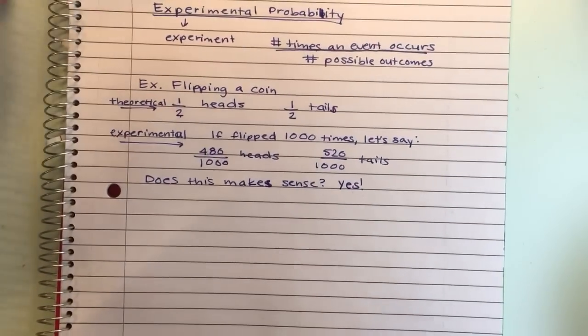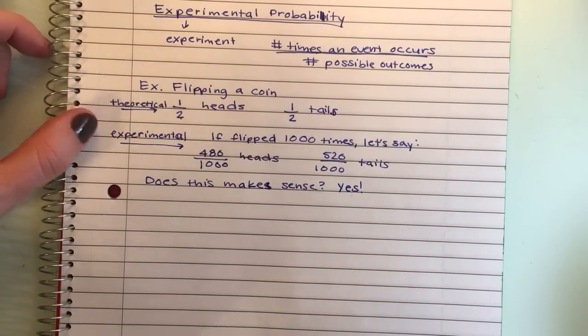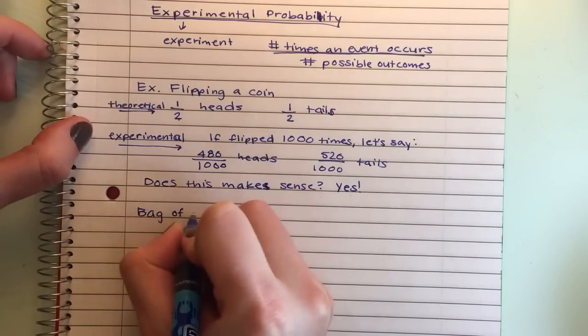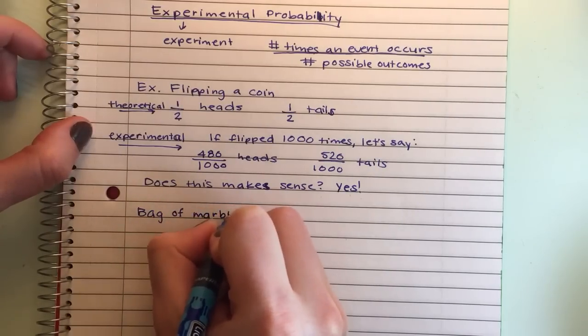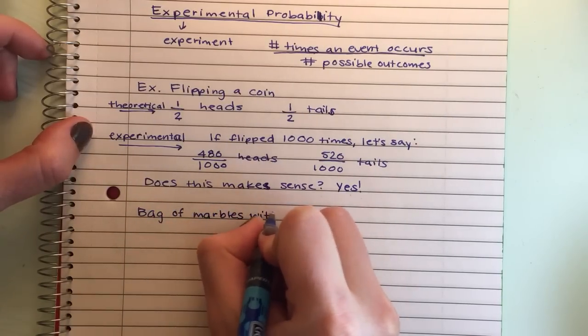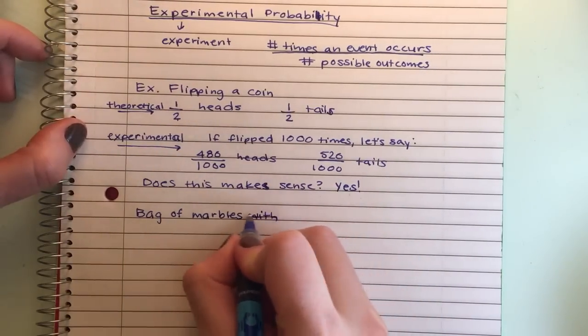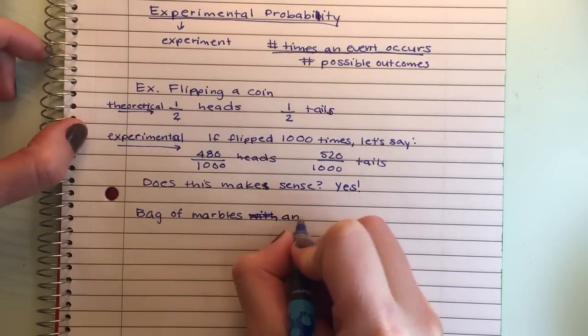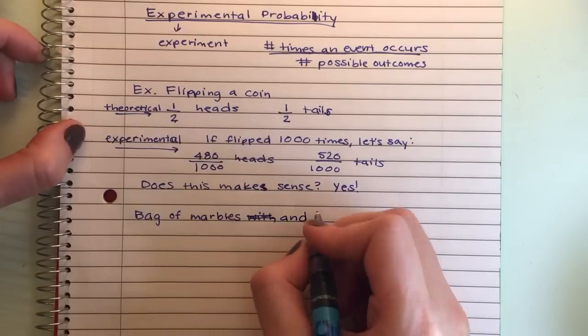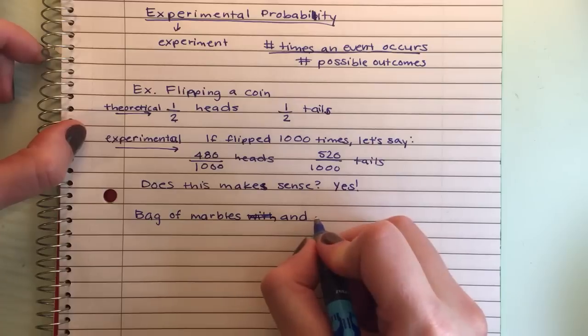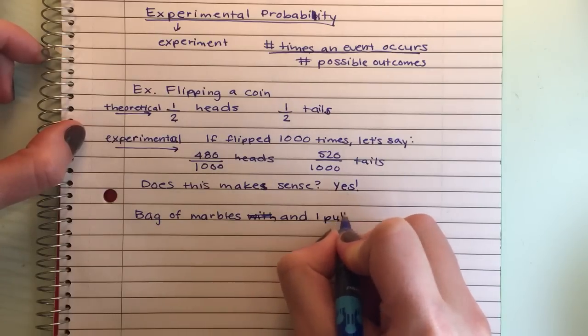So if we have an example of our own, I'm going to say I have a bag of marbles. And in the bag of marbles there are, I'm going to make sure to say that I have pulled out, not that there is this exact number, because there is a difference with experimental probability.